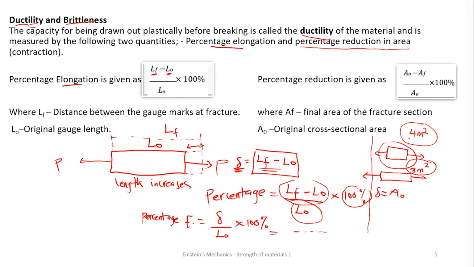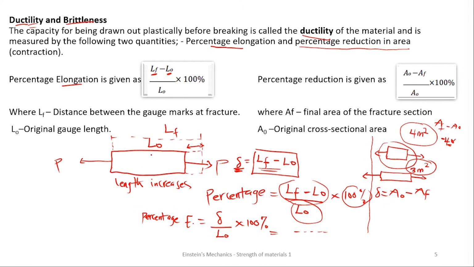It's just an assumption, the 4 and the 3. 4 minus the final area. Because if you use the final area minus the initial one, you're going to get a negative percentage, which is not accepted. So it is always the initial area. And I showed you why it is the initial area minus the final one.